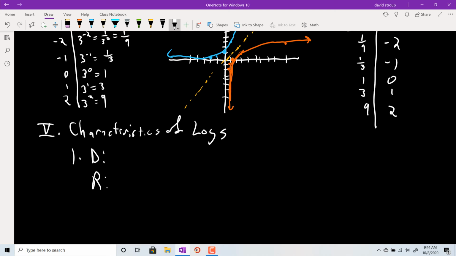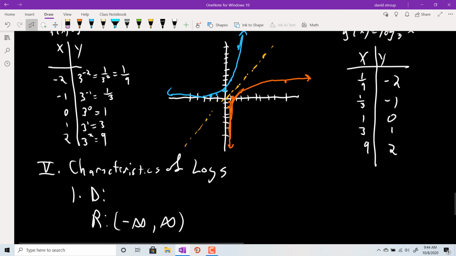If you remember, the domain of the exponential function was negative infinity to infinity. So the range of our logarithm is negative infinity to infinity. And then the domain is the range of the exponential, and the range of the exponential was 0 to infinity. Okay? And that will be the domain for the logarithm.